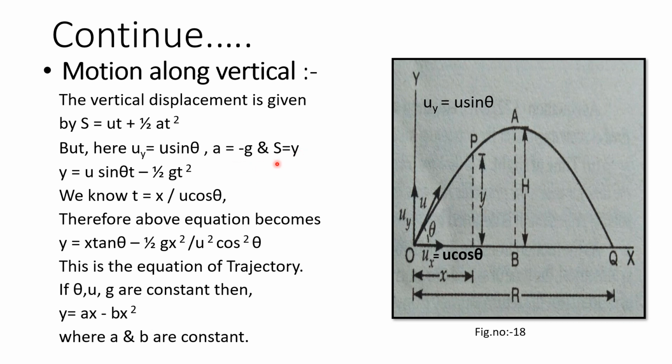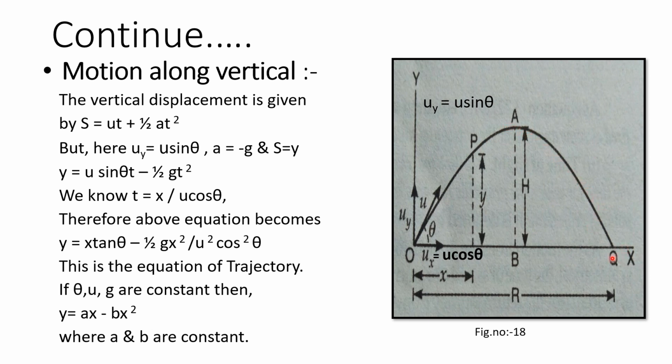Now see, the above equation can be written as y is equal to ax minus bx square, where a and b are constants, and this equation is in the form of a parabola. Now it means the equation of trajectory is in the form of a parabola.